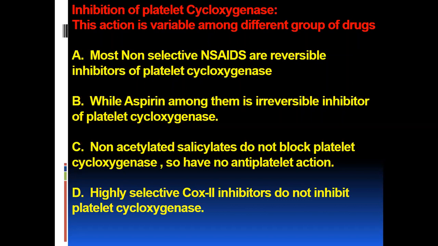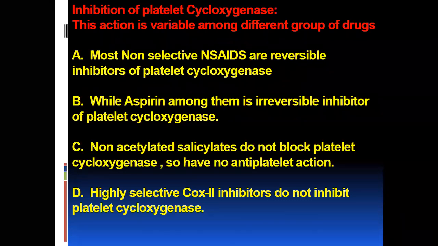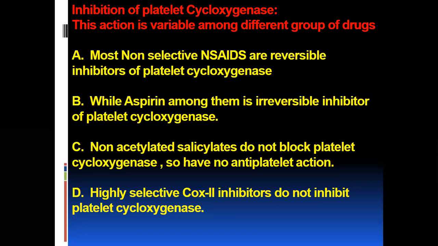Aspirin is an acetylated salicylate, while non-acetylated salicylates don't block platelet cyclooxygenase, so they have no antiplatelet action. And highly selective COX-2 inhibitors don't inhibit platelet cyclooxygenase, so they have no antiplatelet action.